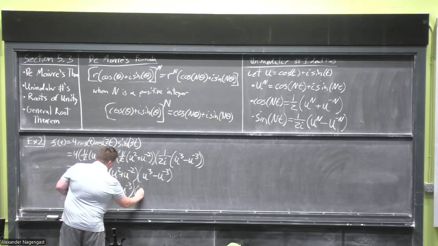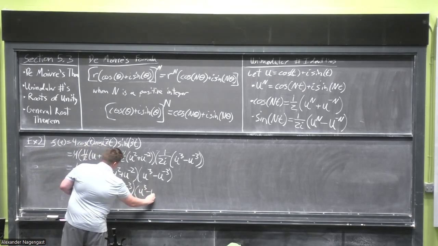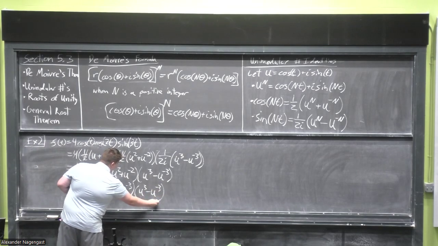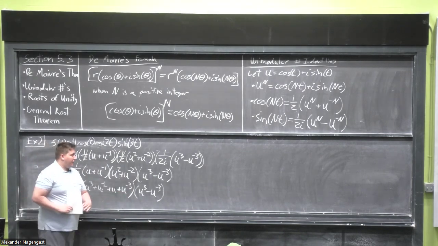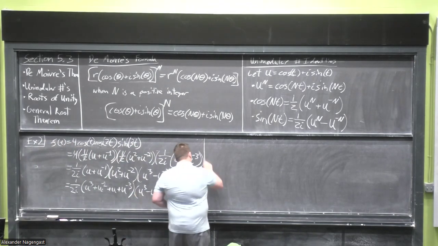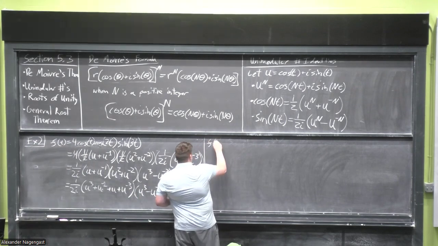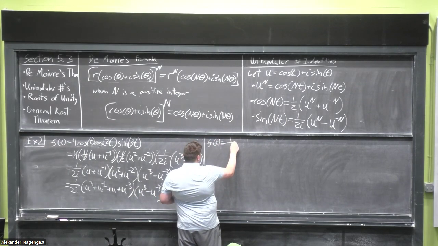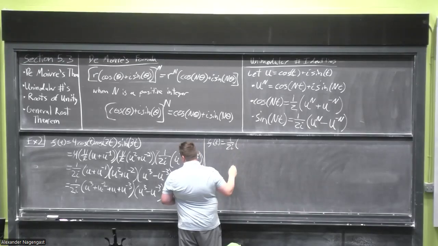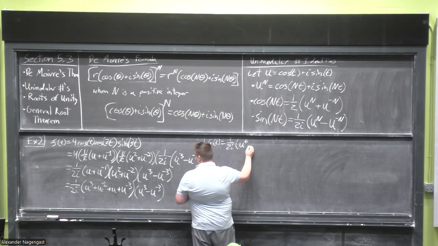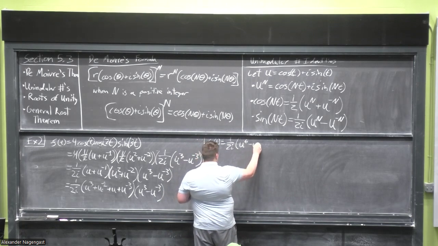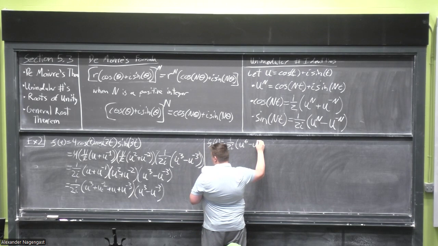And this is all times u cubed minus u to the negative third. So we're going to distribute into the binomial. And this will yield f of t to equal 1/2i times, and we have u to the sixth minus u to the negative sixth.